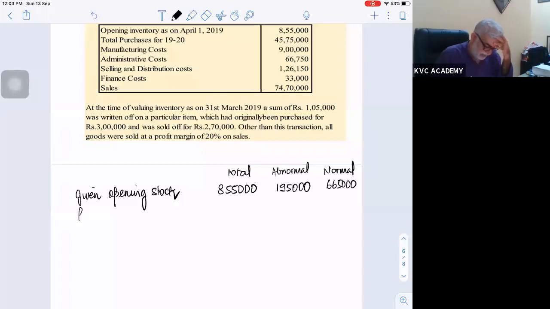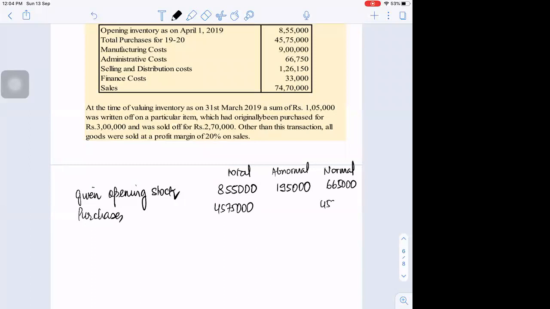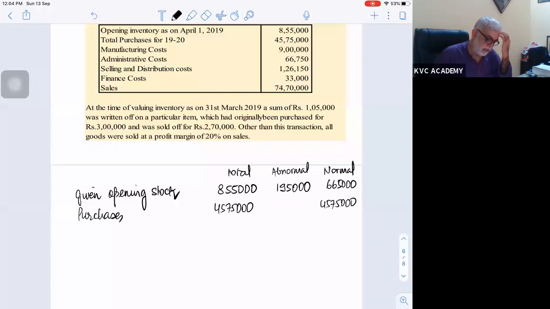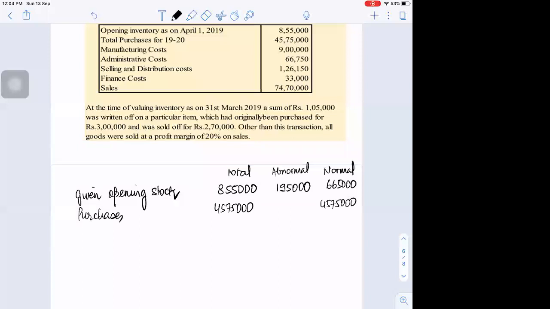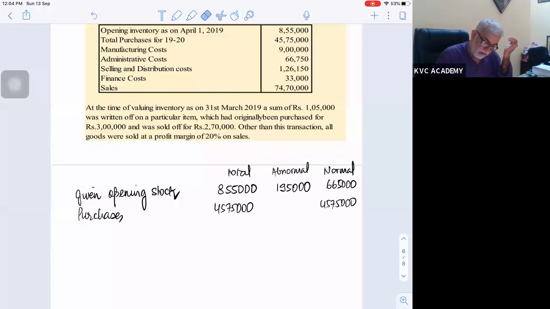Now, my purchases is given as 45 lakh 75,000, which is all normal item, not this unusual item. 6 lakh 60,000, correct.